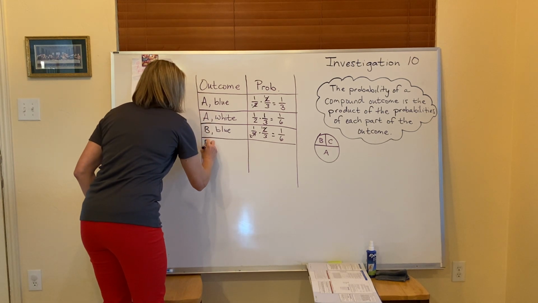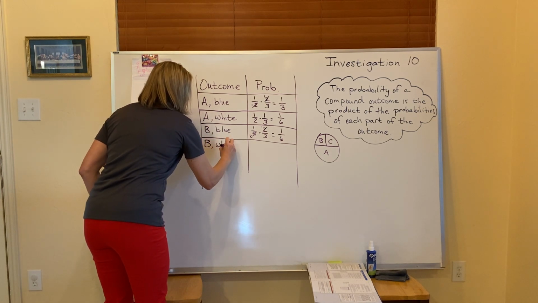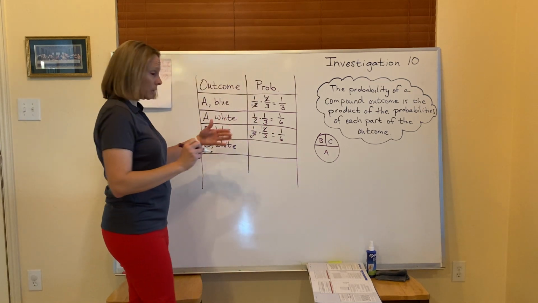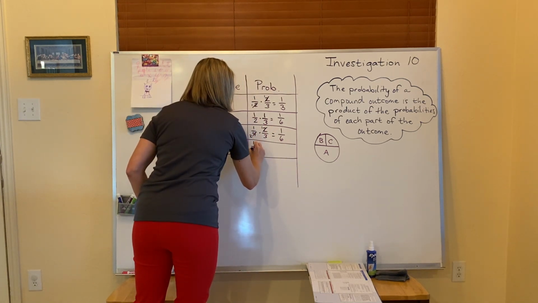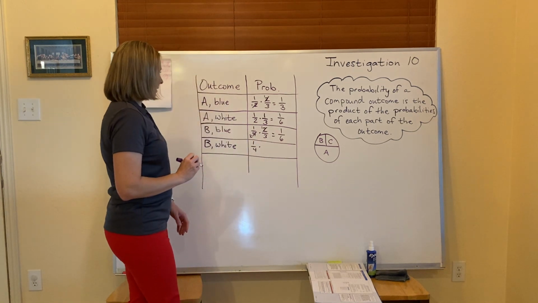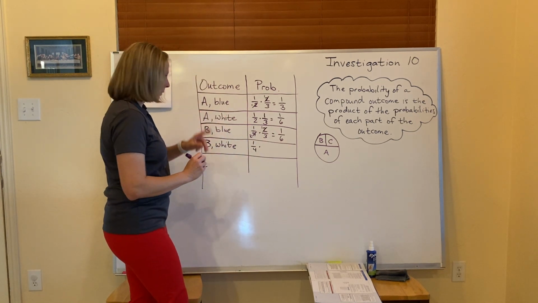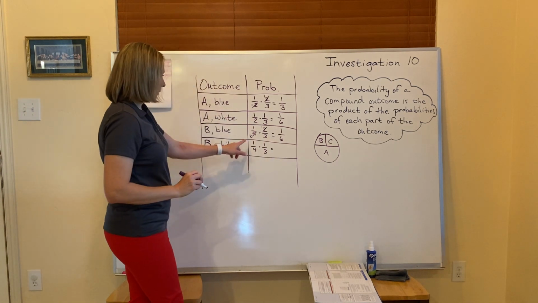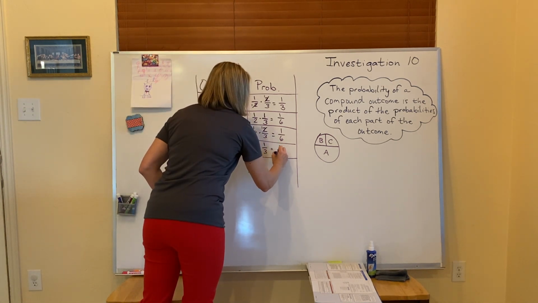Let's do B white. Okay, so B once again was 1/4. White is 1/3, right? We have a 1/3 chance of that. So we will multiply. 1 times 1 is 1, 4 times 3 is 12.